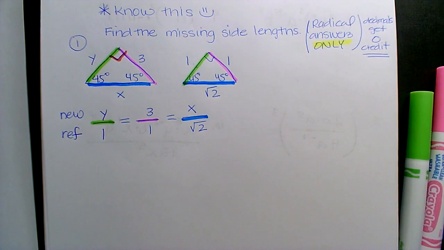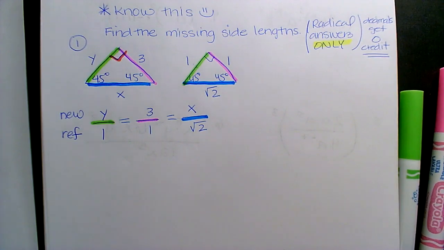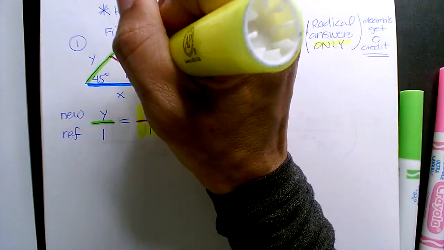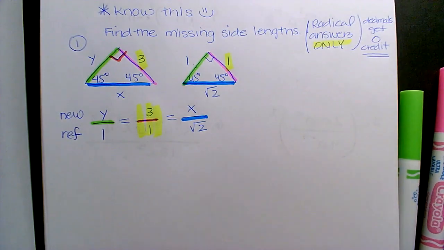All right, which of the 3 ratios is your scale factor? Yes, Caitlin? 3/1. This is your most important ratio, right? Because it's the one with 2 numbers on the sides, right?